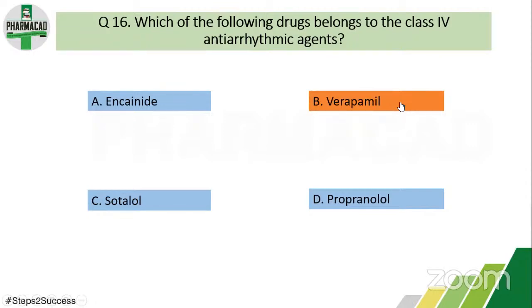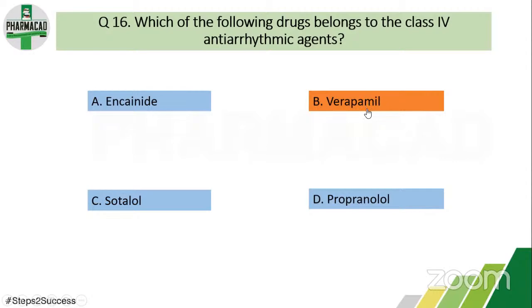So in order to remember which drugs belong to which class, that is 1, 2, 3 or 4, you need to also remember the mechanisms or the class of these drugs. For example, class 1 is sodium channel blocker. Class 2 is your beta blockers. Class 3 has potassium related activities, and class 4 is your calcium channel blocker.